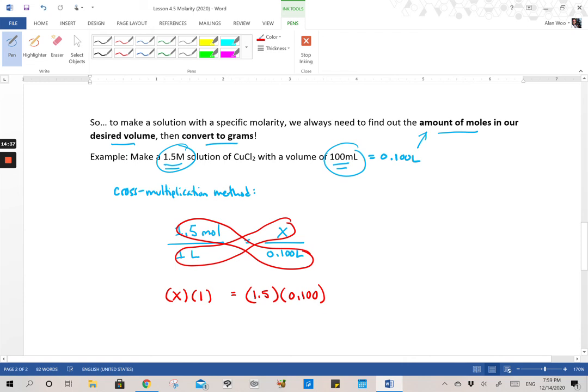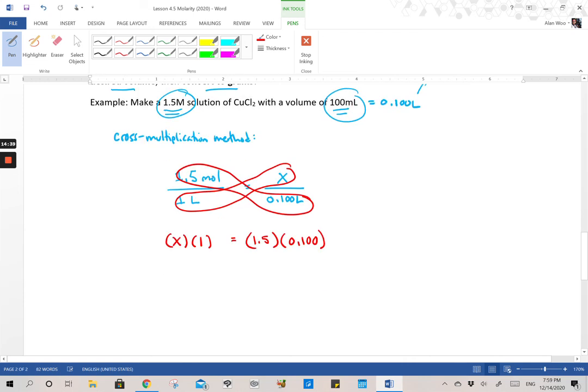So when we do this, x is going to equal 0.15 moles. So what we're saying is, in 100 milliliters, there are 0.15 moles of copper chloride.